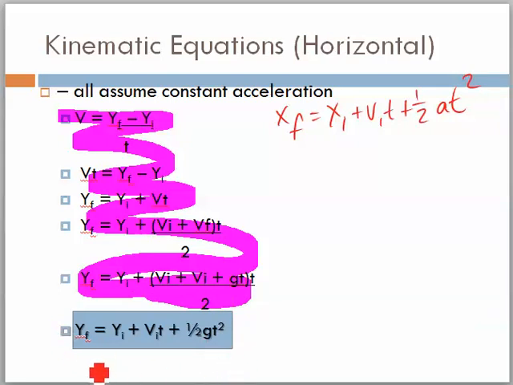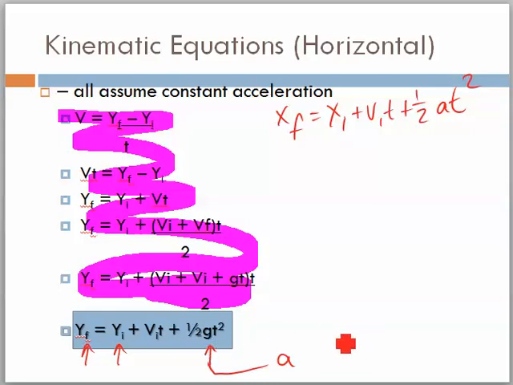We've made a few alterations in it, and a lot of times we will still use an a right here. That's if we're talking about something that's accelerating for some reason other than gravity. If it's falling, or if it's going up and decreasing in speed due to gravity, we're going to use g.